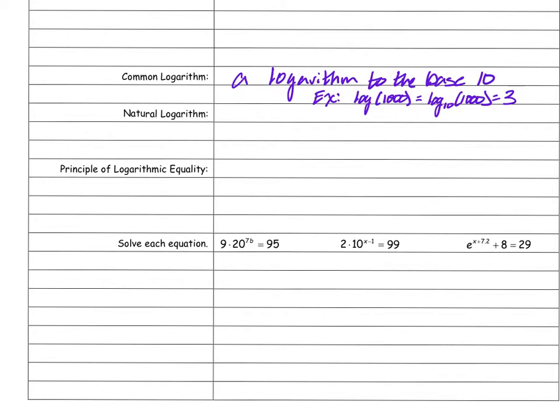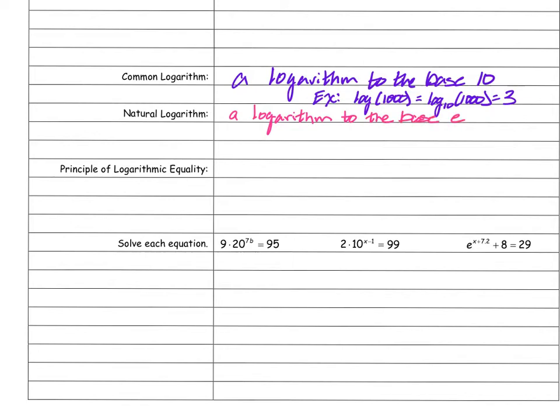The next is a natural logarithm, and that's a logarithm to the base of e.